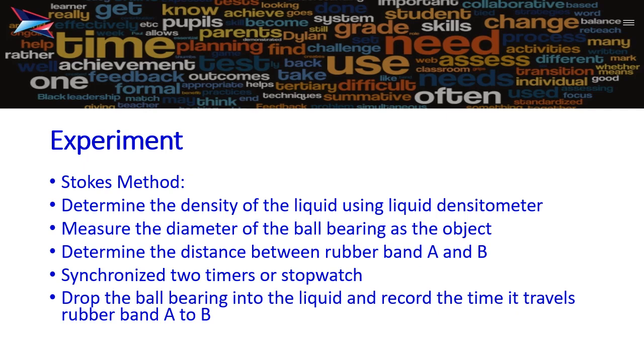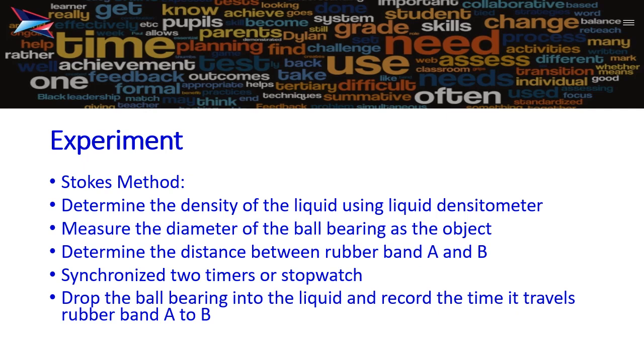I just want to remind you that in this case, you measure the diameter of your ball bearing, not the radius. You can use either the vernier caliper or the screw micrometer gauge.